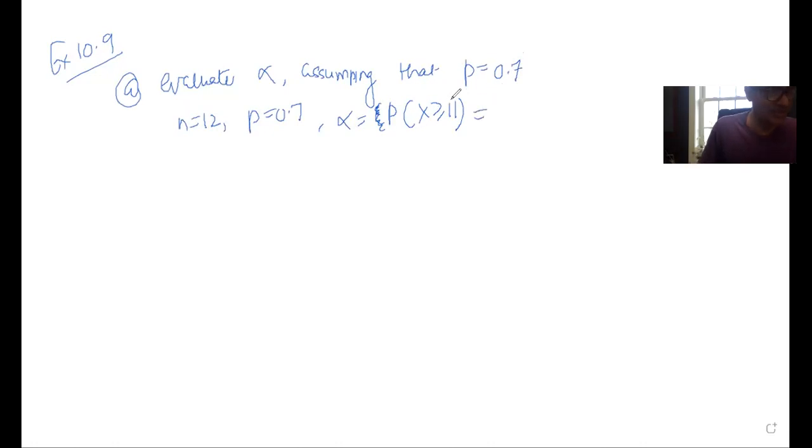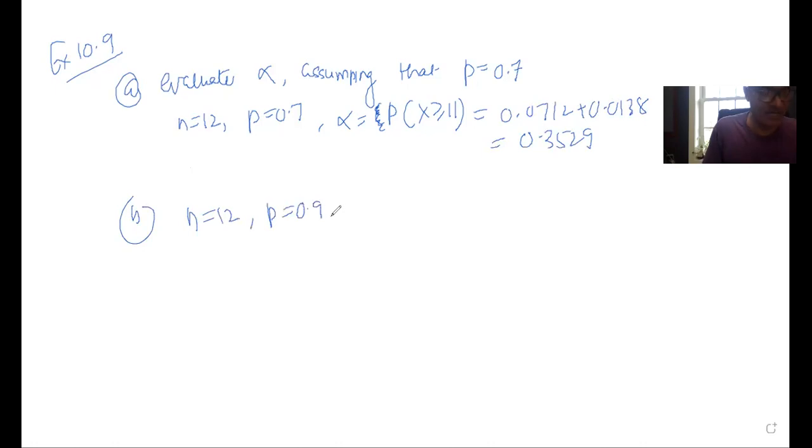Just use your table and you are going to get 0.0712 plus 0.0138, and if you add this, we're going to get 0.3529.